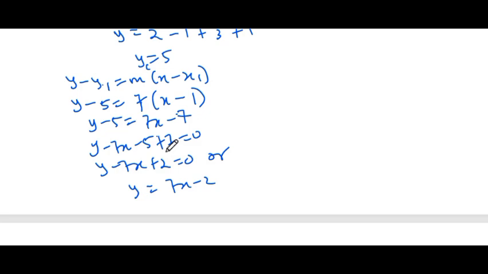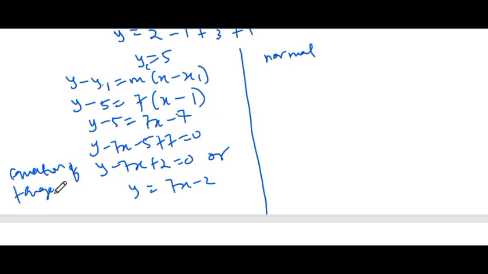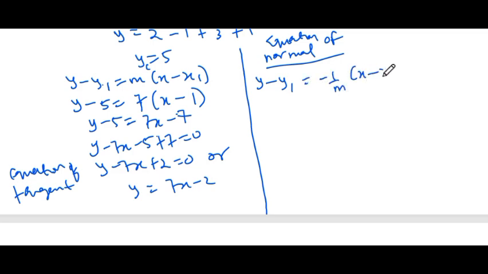Now to get our normal is very simple, since we already know the formula. Once you know the formula, you are good to go. So this is the equation of the tangent. To get the equation of the normal, we use the formula y minus y1 is equal to minus 1 over m open bracket x minus x1.